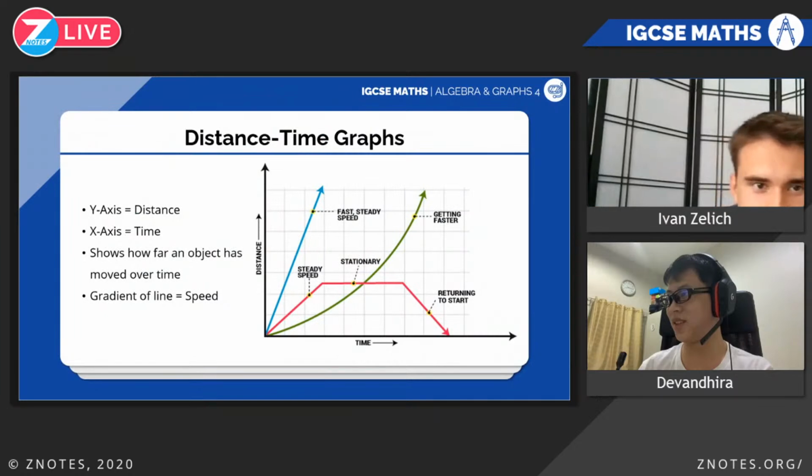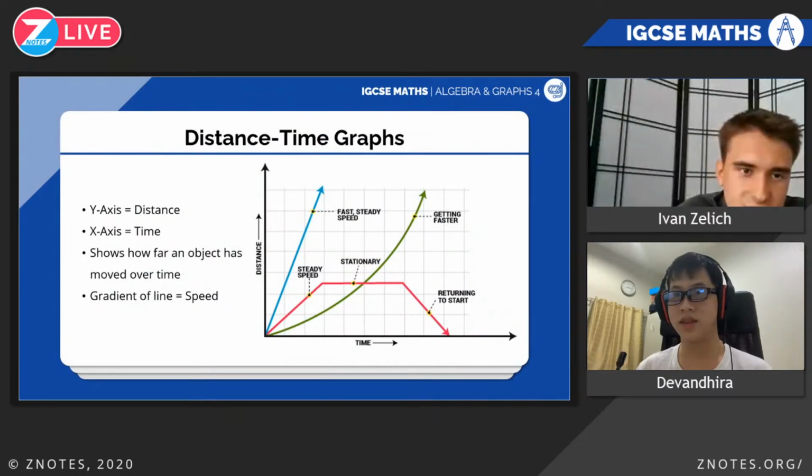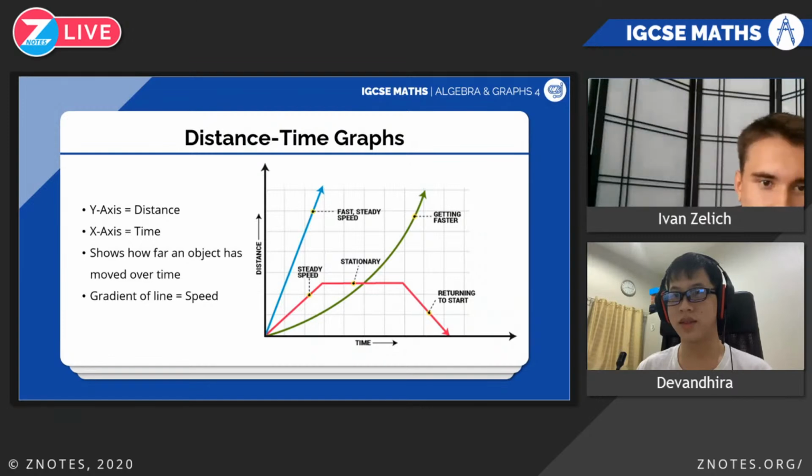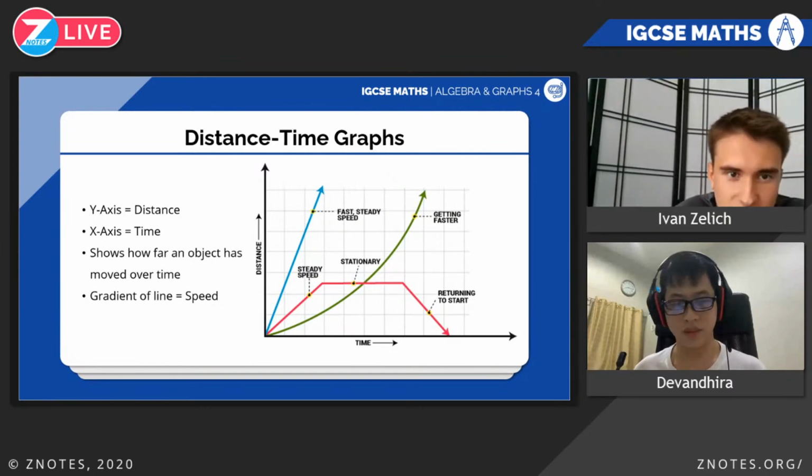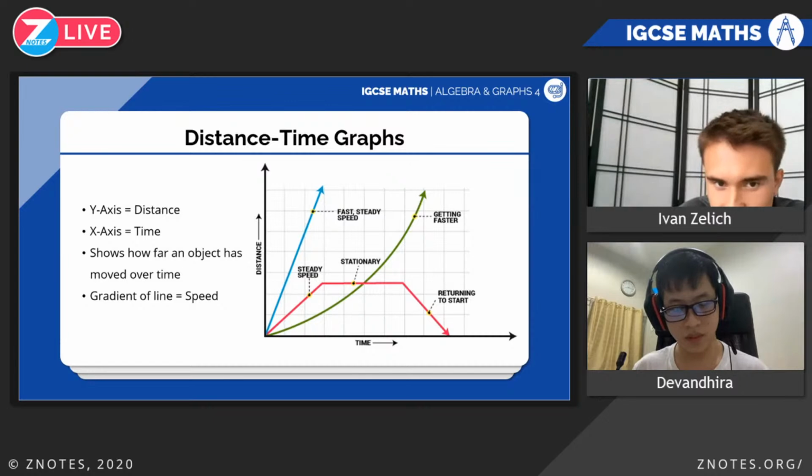Okay, so distance time graphs. These are very common, obviously, and one key point to look at when you're looking at distance time graphs is the gradient, because distance over time is speed or velocity.